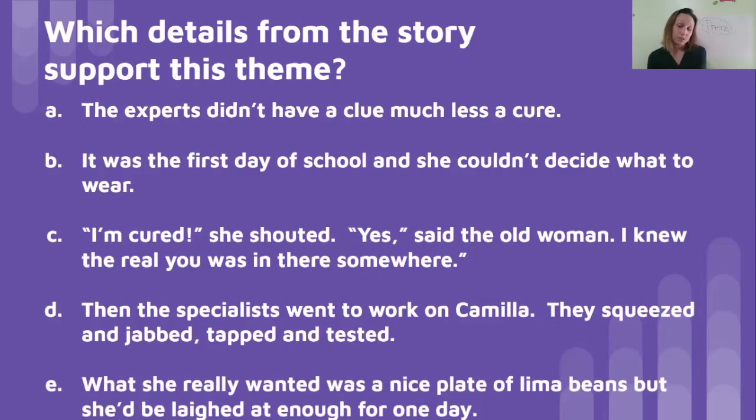It does, because she really wants something that she likes, but she won't do it because everybody else would laugh at her. So she doesn't want to be who she wants to be because she wants to be like everybody else. And did that work for her? It didn't. So our details are C and E.